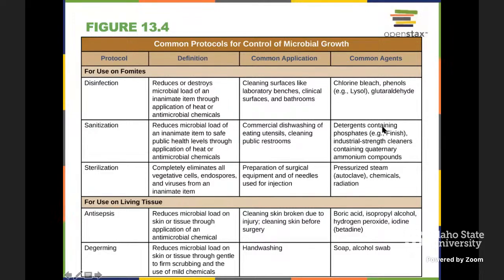So lots of detergents with phosphates, industrial strength cleaners that have some ammonium compounds within them, work as a sanitizing agent.